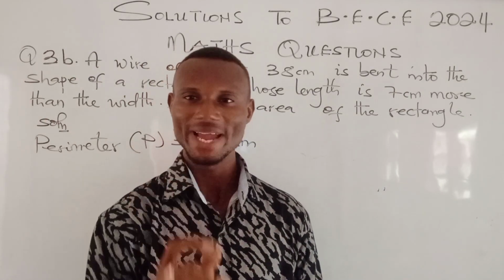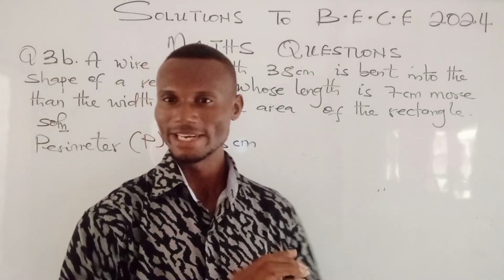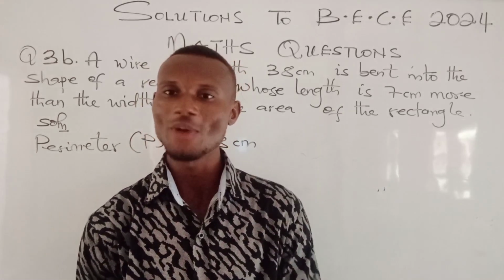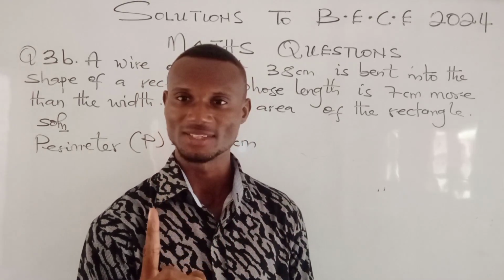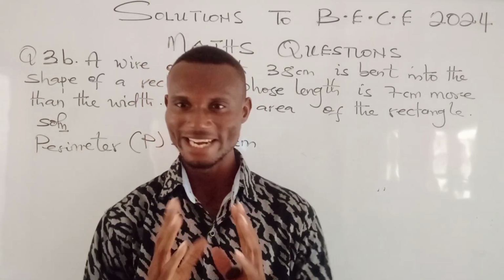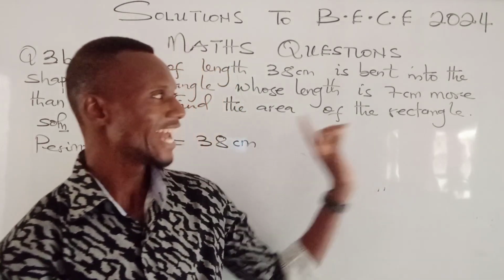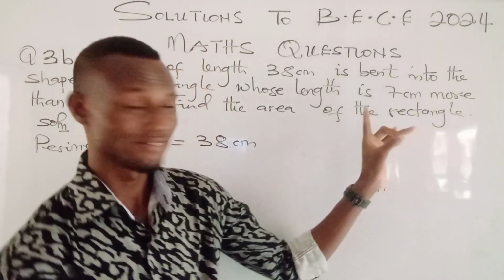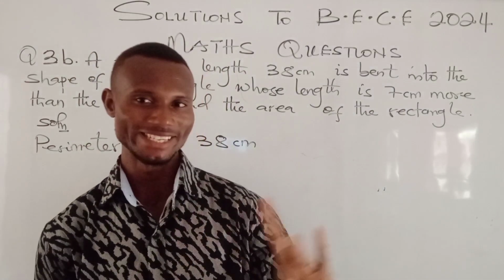You need to pay meticulous attention to the construction of sentences when you are handling word problem questions. It's very important. So don't be in a rush. Most students will assume that the length of the rectangle is 7 centimeters, which is wrong because that is not what the question is saying.